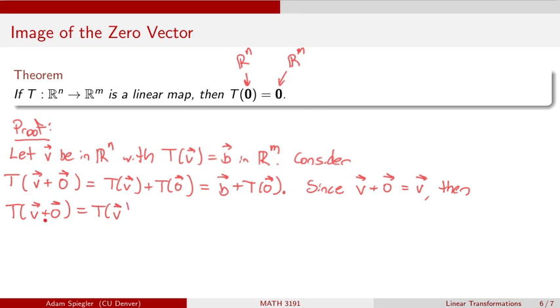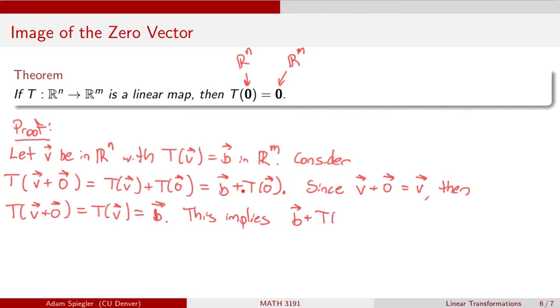Let me first add these two vectors. That's going to equal T of v, which equals b. So now I know that T of v plus 0 is equal to b, and T of v plus 0 is equal to b plus T of 0.